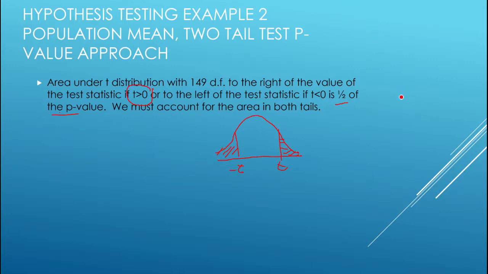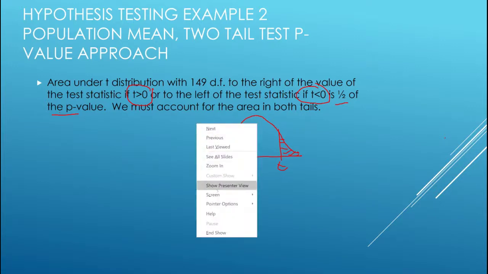So we would find the area to the right of the positive t-statistic in the table, and we'd have to double it to get the p-value. Of course, the other possibility is that we calculate the test statistic and it turns out to be negative. Typically, then we might look for the area that's back here to the left of the minus t value. And once again, that's only 1/2 of the p-value, so we would have to double it in order to get the p-value.